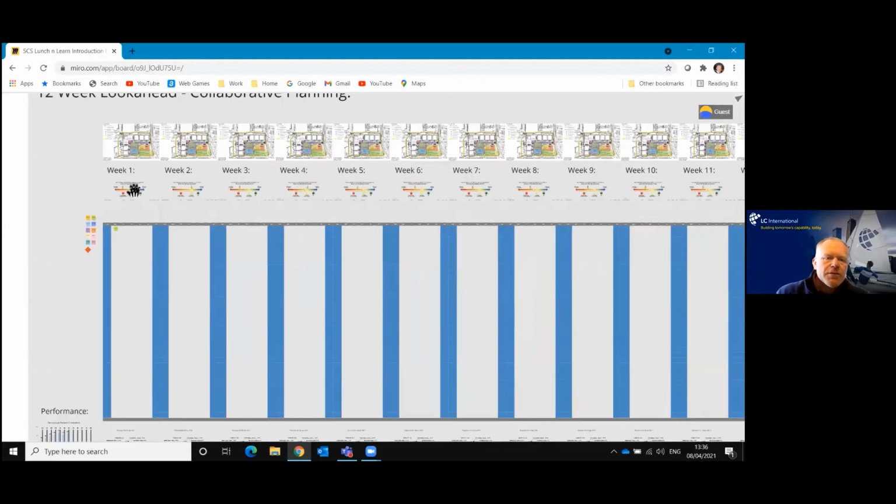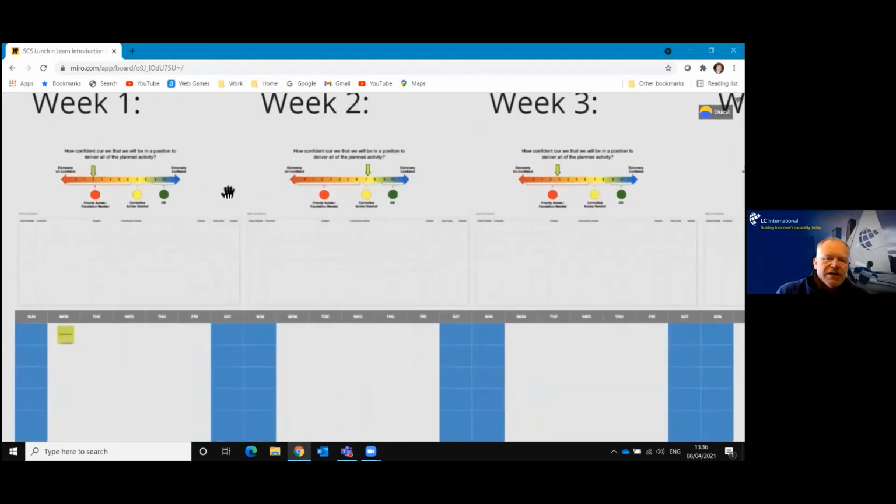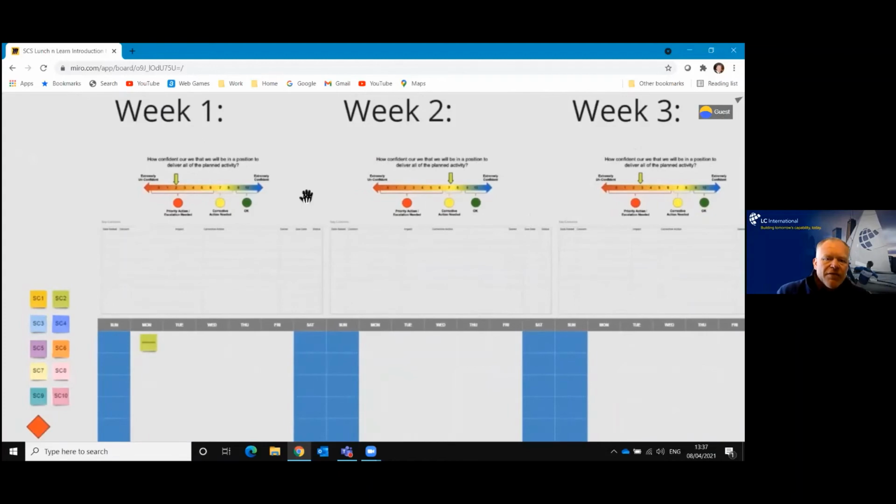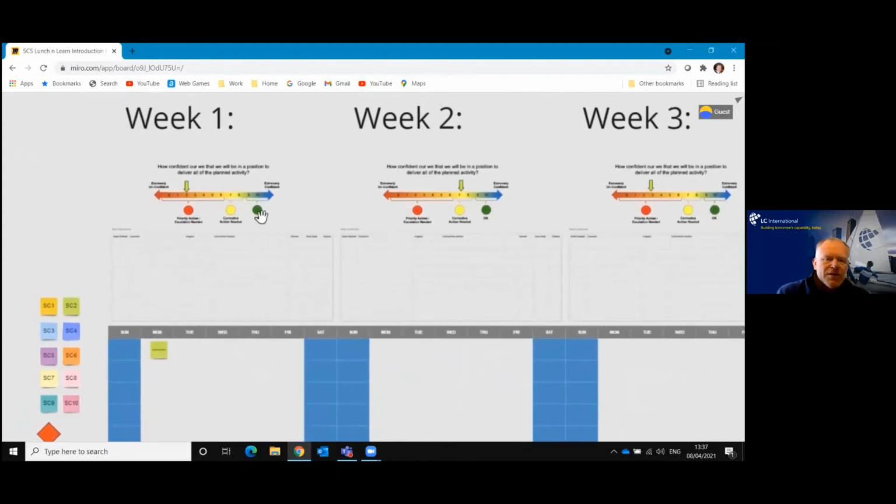It gives us an opportunity to judge and gauge whether, from a commitment perspective, do we have confidence that this plan will be met or not? So towards the left, we've got little confidence, so we need to take action. Towards the right, we've got ultimate confidence, so actually we're happy to move on to week 2 to say, how are we now starting to plan towards week 2?